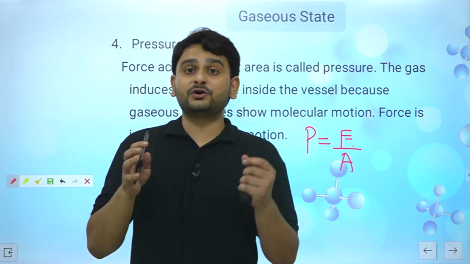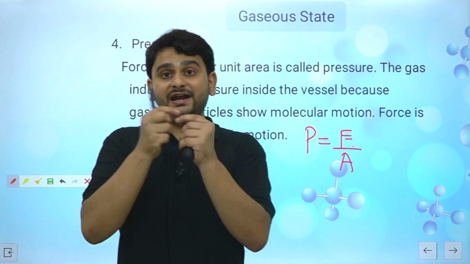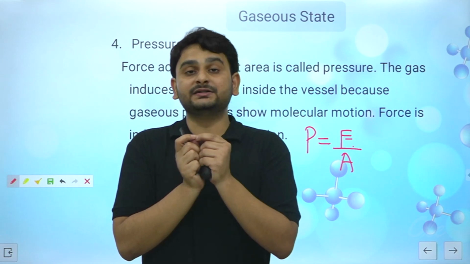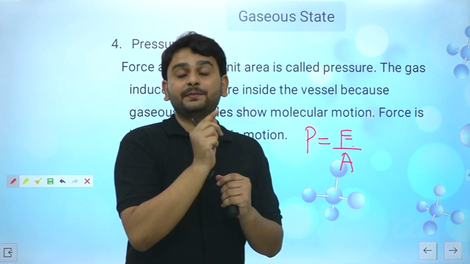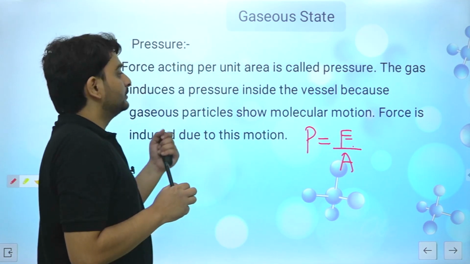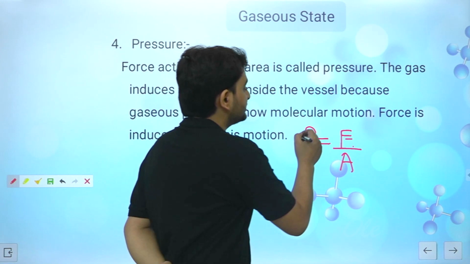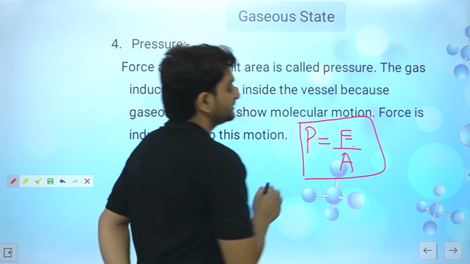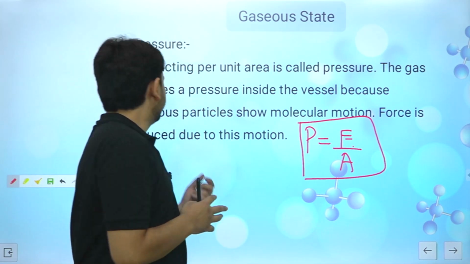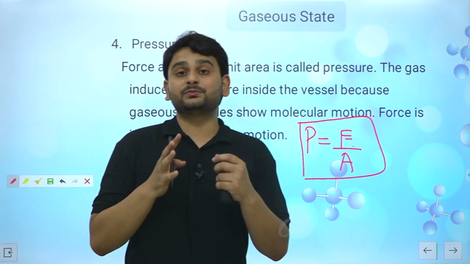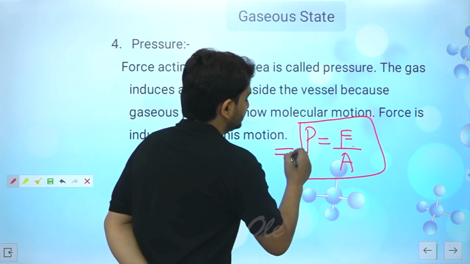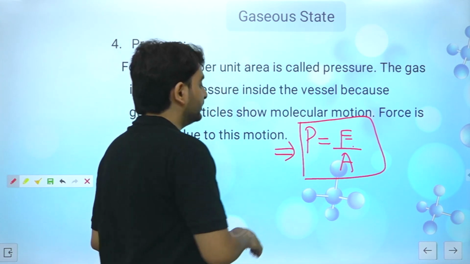What that means is, because they are always in continuous motion, they collide with each other and exert force, because of which there is a pressure exerted, and they also exert a pressure on the container walls, right? So force is induced due to this motion, and that is why pressure is exerted. A very simple notion. So pressure is force upon area, that you might be knowing already, right?